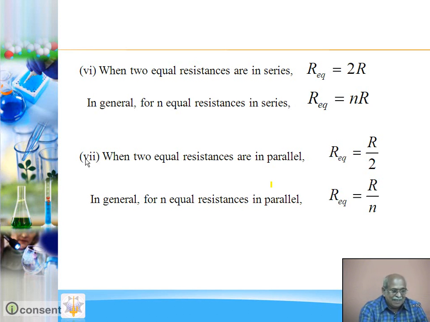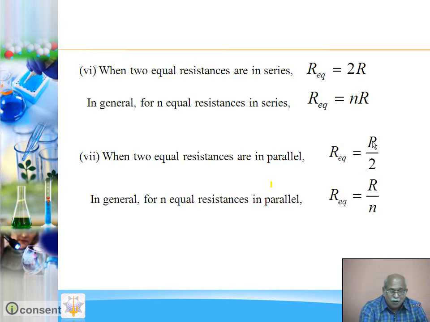Parallel साठी बरोबर उलट आहे. If two equal resistances are in parallel, our formula gives 1 upon Req equal to 1 upon R plus 1 upon R. म्हणजेच 1 upon Req equal to 2 upon R. At once, this shows Req will be R upon 2. Equal resistance series मध्ये Req equal to 2R.